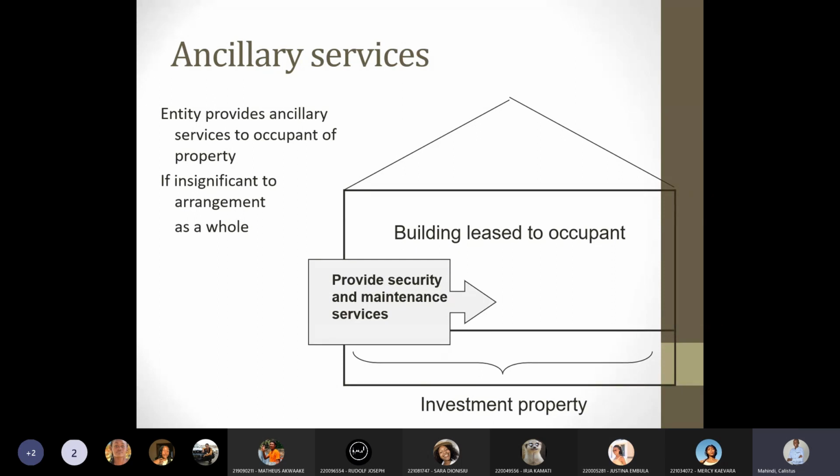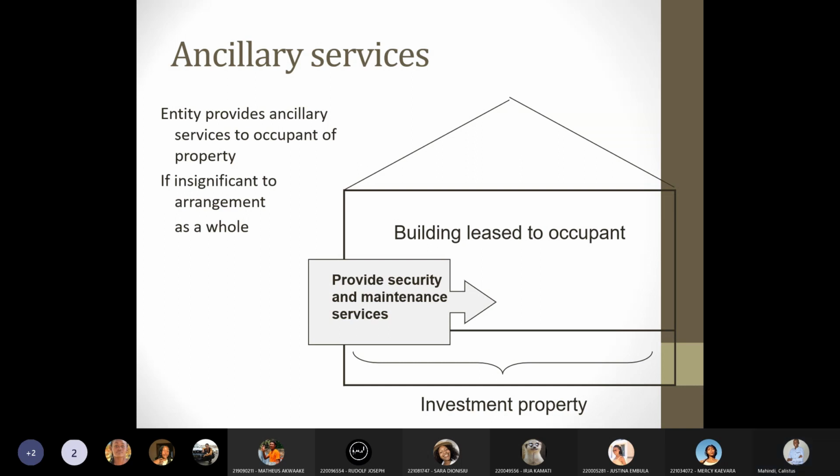As the owner, you hire a security company, and the small 200 portion paid with the rent, you use to pay the security company. So the whole value of the security services is not significant compared to what you're going to get from the rental.